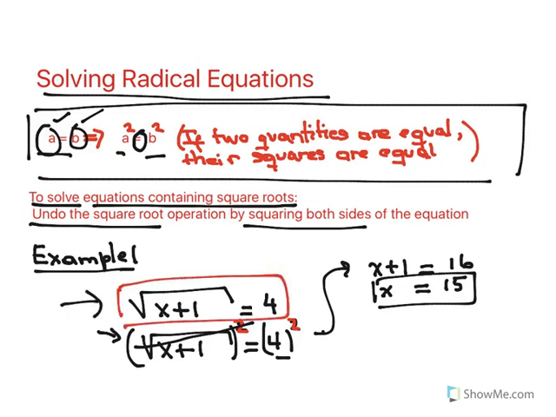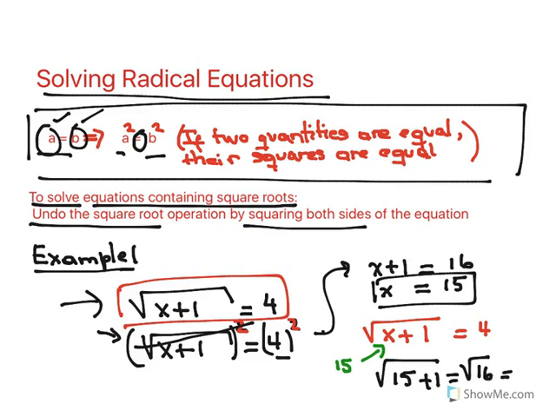Let me write my original equation. Square root of x plus 1 is equal to 4. So I'm going to substitute my value of x right here. So I have the square root of 15 plus 1, and the square root of 15 plus 1 is the square root of 16, and the square root of 16 is 4, which is the number I had to get. So this answer is definitely correct.